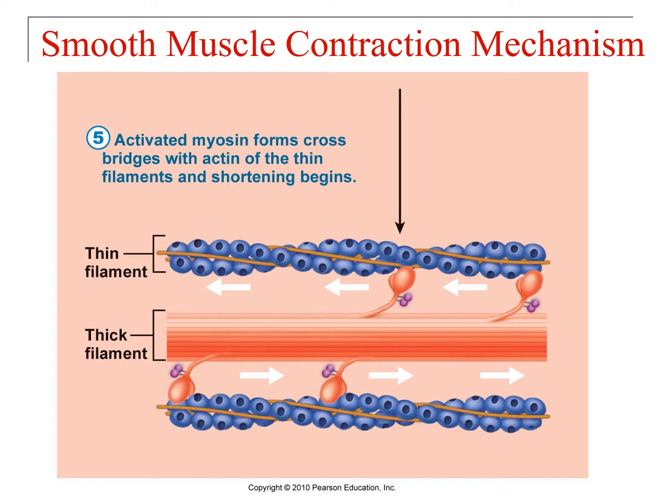With smooth muscle, you have to activate the myosin before cross-bridging can occur. Once cross-bridging occurs, you go through the same cross-bridge cycle: attachment of myosin to actin, a power stroke, and so forth. It does take ATP to break this cross bridge, as it does in skeletal and cardiac muscle. We'll examine the implications of that in just a minute.